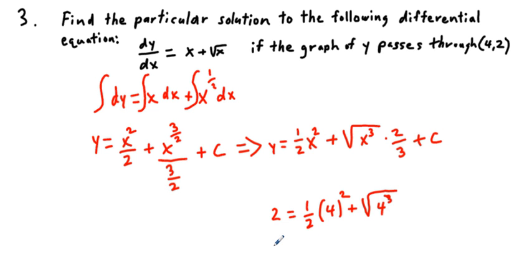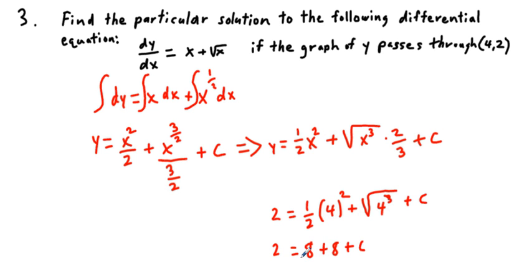So we're going to have 2, oh, plus c, don't forget the plus c. We're going to have 2 equals 1/2 times 4 squared. That's going to be 1/2 of 16, which is 8. And then we have the square root of 4 cubed. 4 cubed is 64, so plus 8 plus c. So we have 2 equals 16 plus c.